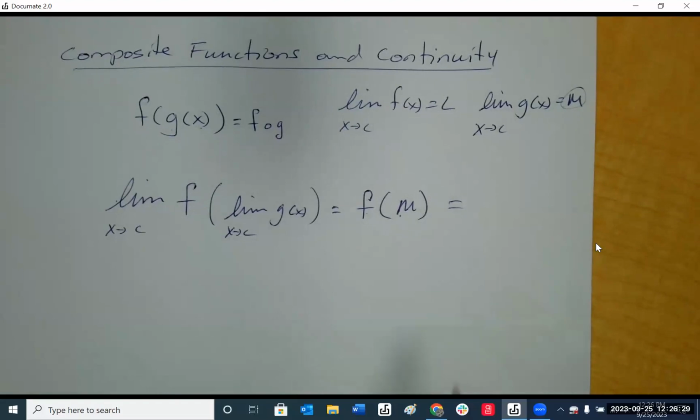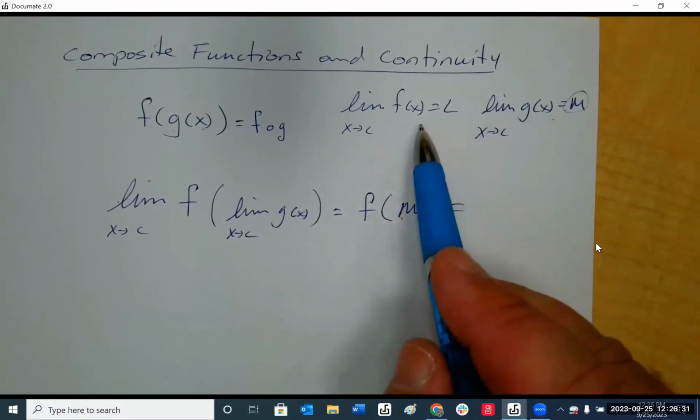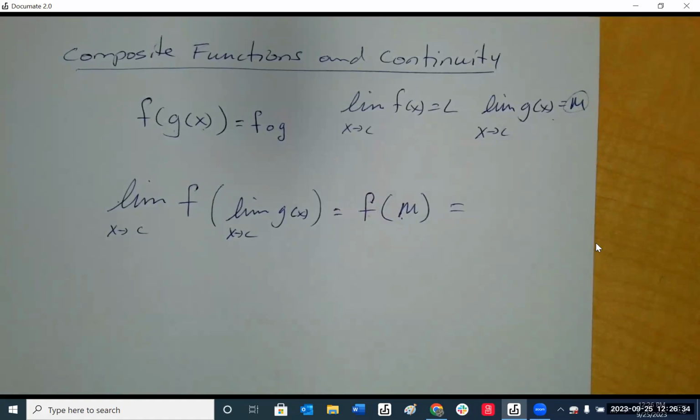And it's going to be continuous, because if it's continuous in g and continuous in f, it has to be continuous in the composition of both. It's easier than it was.